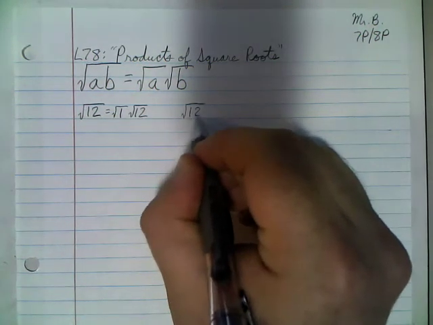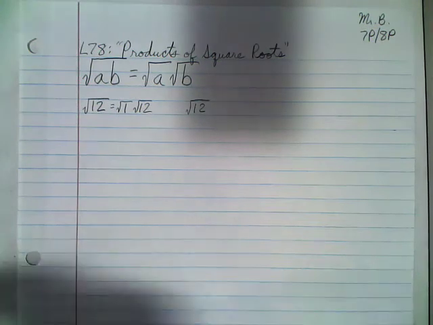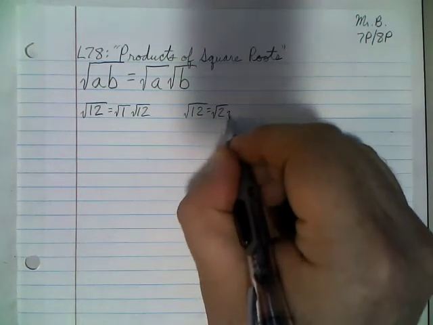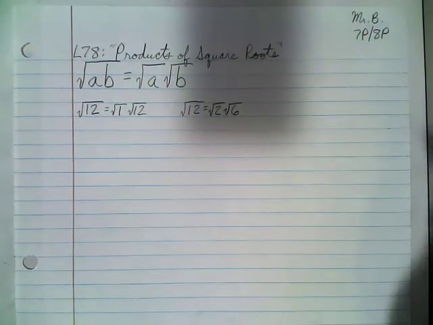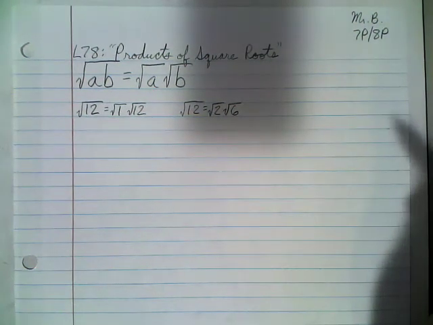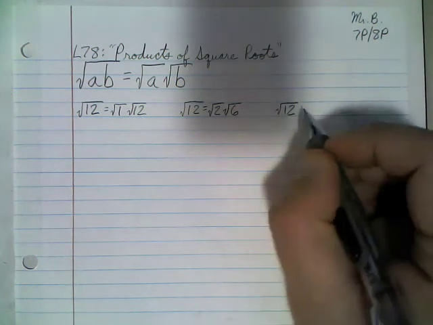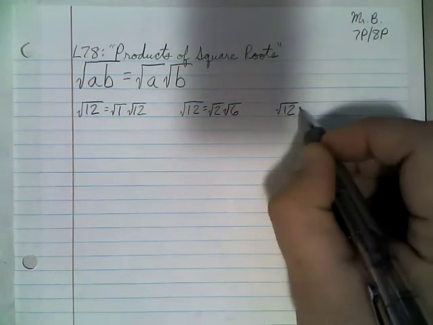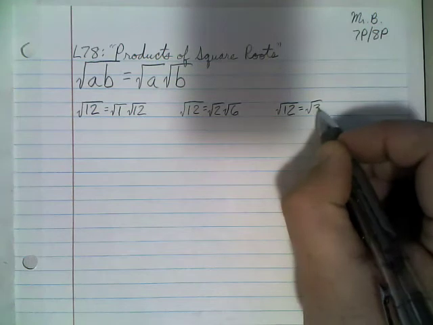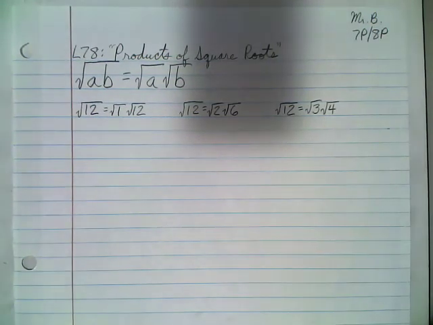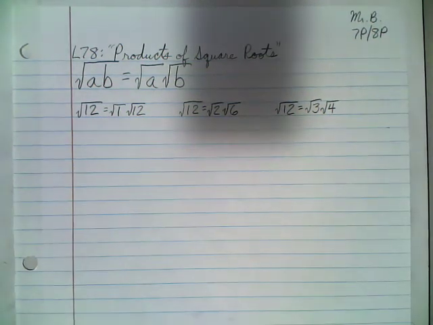Likewise, if I can imagine it as some other product, like 2 times 6, I can split this up into the square root of 2 times the square root of 6. As a third option, we could also imagine 12 as 3 times 4. And so this would be the square root of 3 times the square root of 4. So these are all true statements.